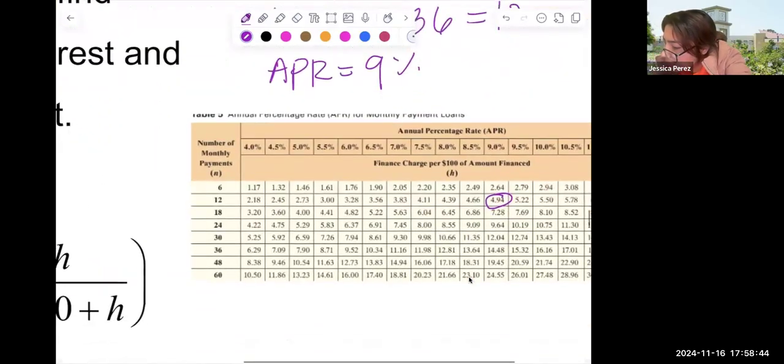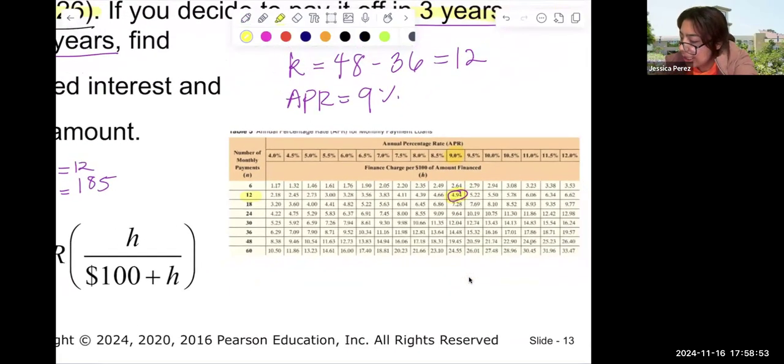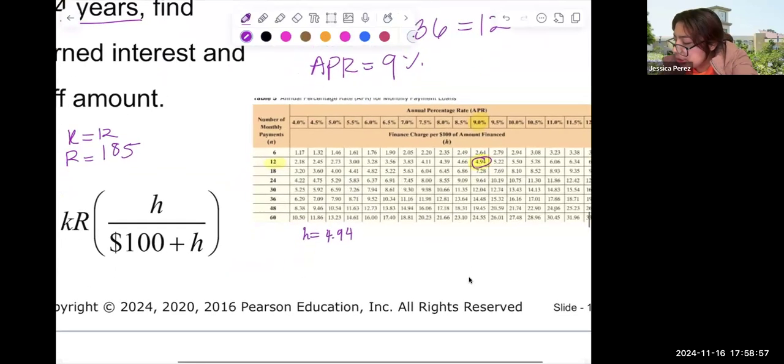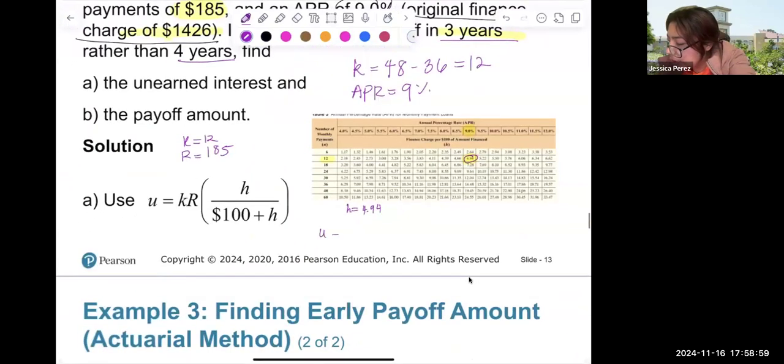So then there's the table. There's my 9%. There's my 12 months. So that aligns to 494. So H is 4.94. To solve for U, I'm going to use K, which is 12, times 185, times parentheses 4.94 over 100 plus 4.94.